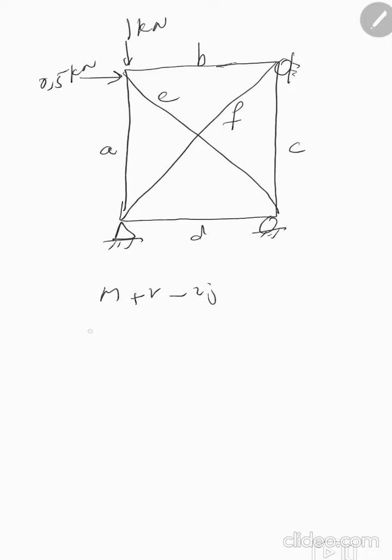So n, the number of bars, is 6, plus the reactions, which will be 4, because at node A we have 2, node B we have 1, and node C, for example, we have 1 reaction, so it will be 4, minus 2. J is the number of joints, 4. So these numbers give me 2. This is the 2 degrees of freedom.